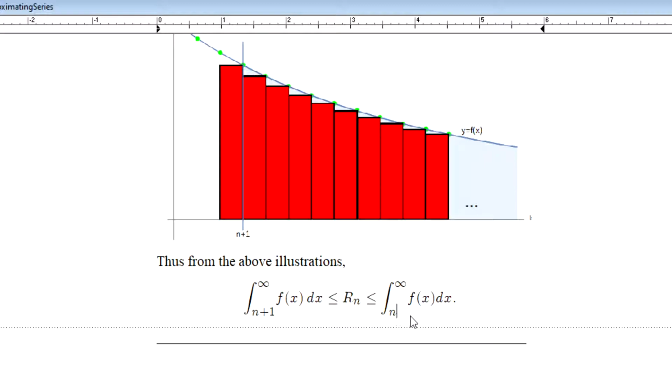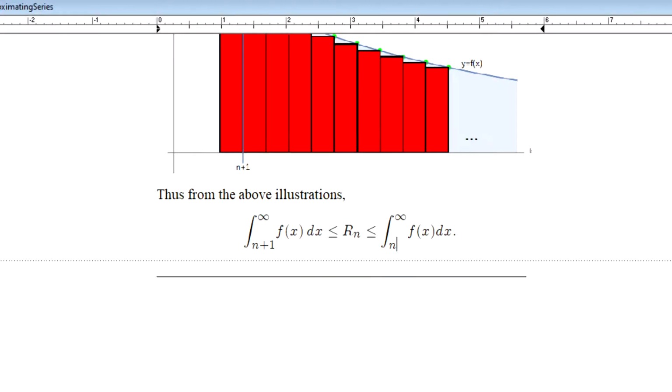They think of n plus 1 being greater than n, so they put that on the right side. But remember, these are bounds on this improper integration, where n plus 1 is actually going to cause a region of space under f that is smaller than the area found in these red bars. And starting at n is going to produce this area under this curve that's actually bigger than R sub n. All right? Now, let's put this in the example.